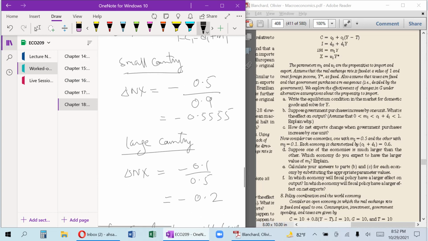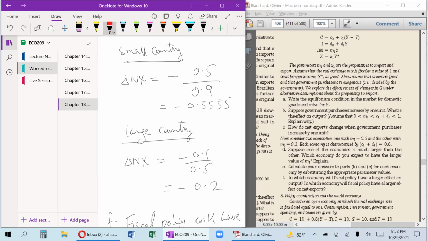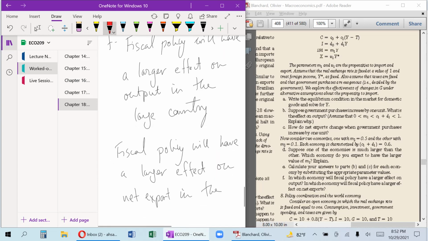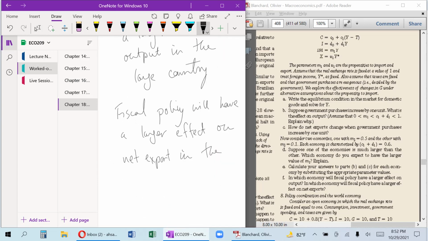Let's take a look at this. When there is a change in G of 1 unit, the change in NX is 0.5 in the small country and 0.2 in the large country. So over here, the answer is the small country. And that's the answer.